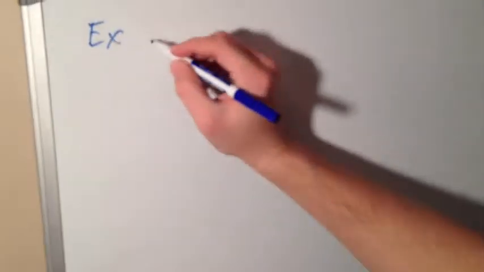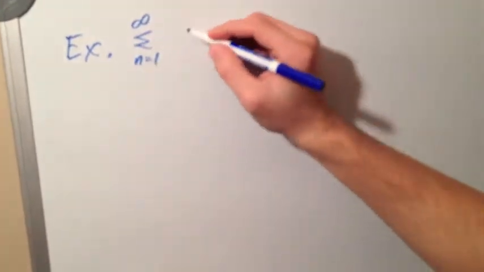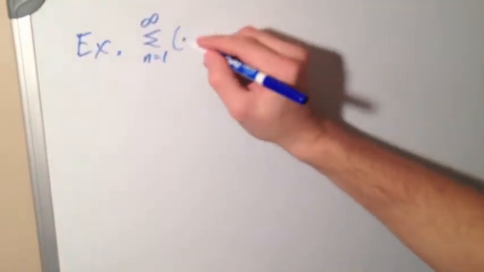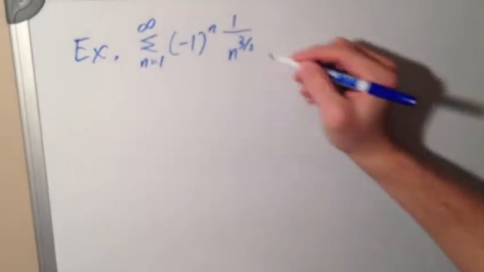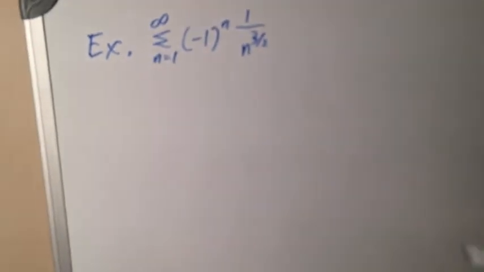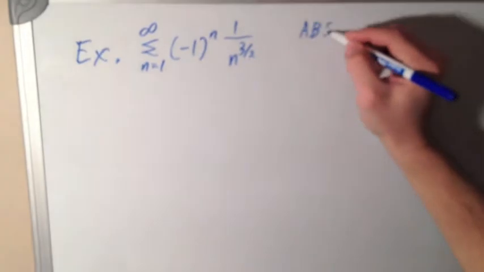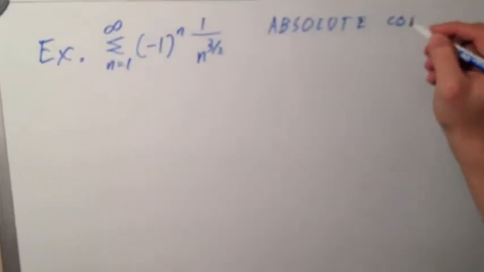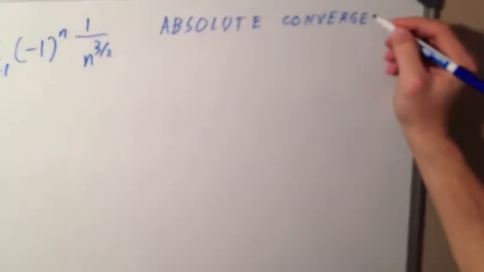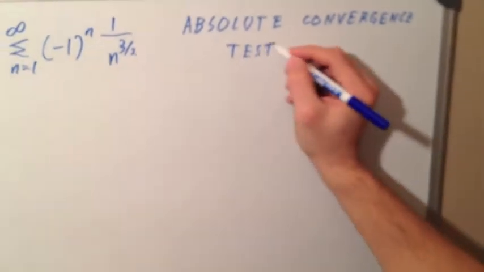For our first example, we'll use the summation of n equals 1 to infinity of negative 1 to the nth power of 1 over n to the 3 halves. Now, I always start with the absolute convergence test because if we find that it converges absolutely, then we won't have to mess with Leibniz tests at all.